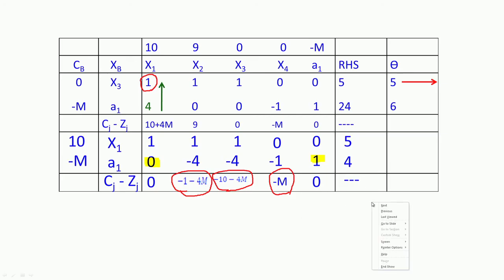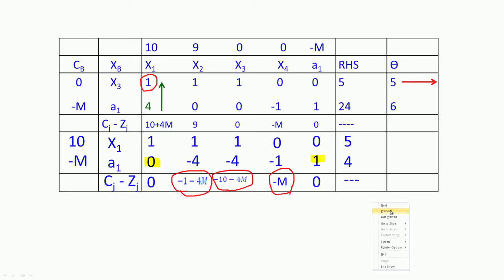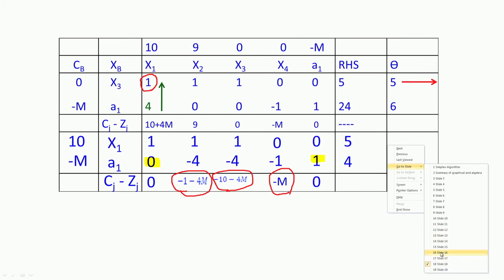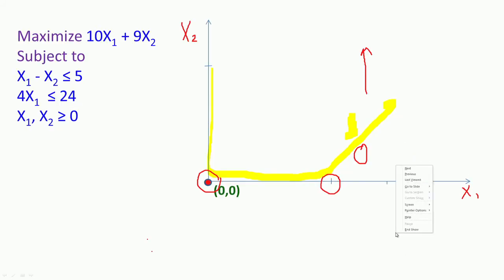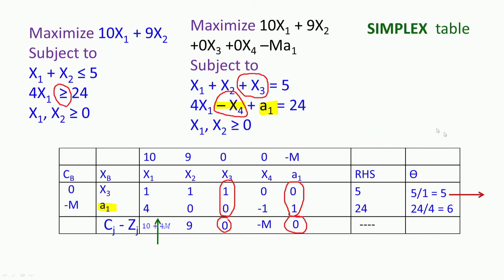So, in spite of us putting a big M and putting a large negative contribution, thinking that the variable A1 will not be in the solution, we now observe that the variable A1 is in the solution.